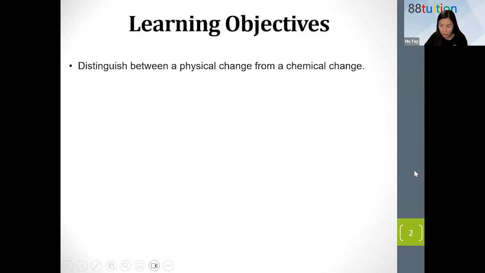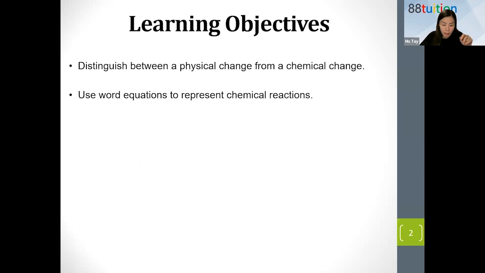So what are physical and chemical changes? The important thing to know, what you are learning in this topic, is you must distinguish between physical and chemical change. Then use word equation. Word equation I'm not covering yet. Today we are doing something else. Word equation will come after that.